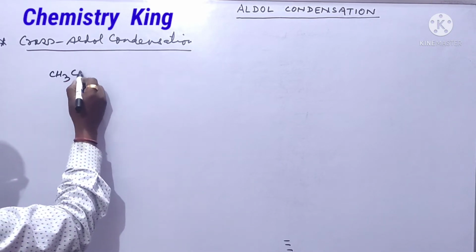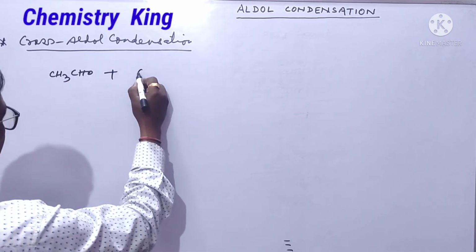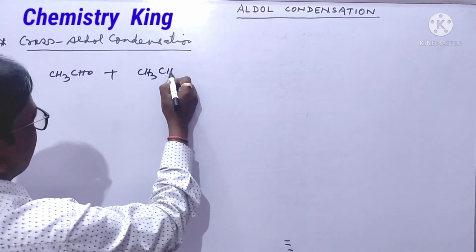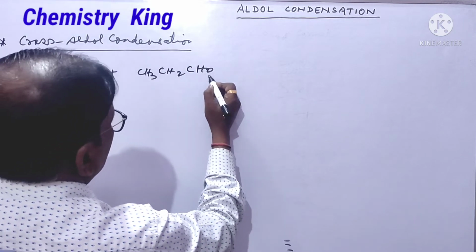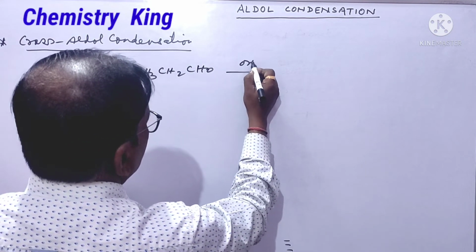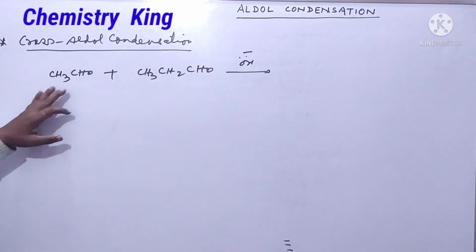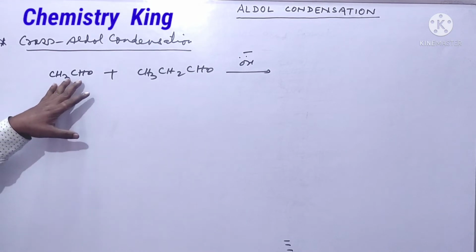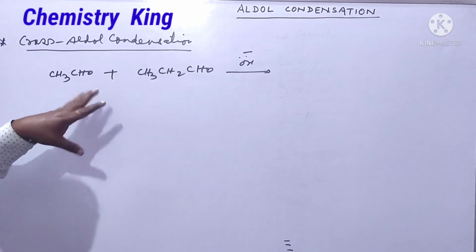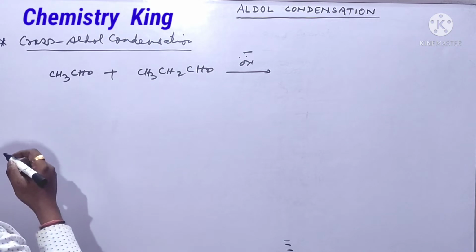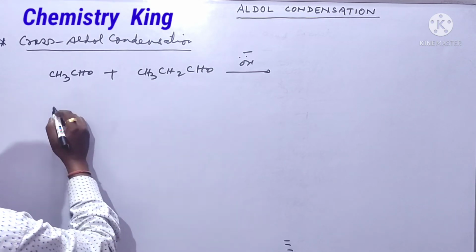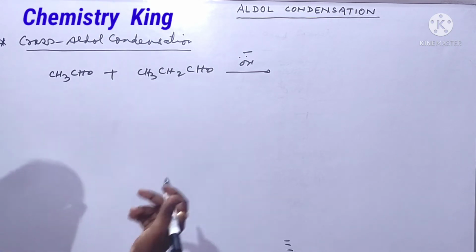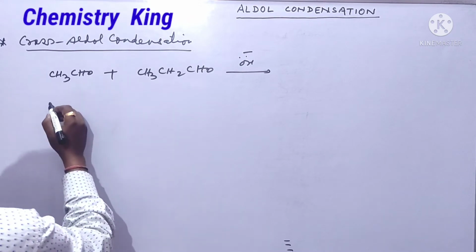Suppose it is acetaldehyde and it is propionaldehyde. Base is here. Suppose here there are two different aldehydes. Two different ketones may also be possible here.